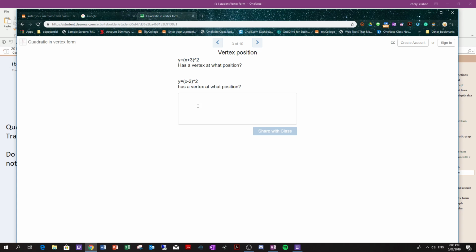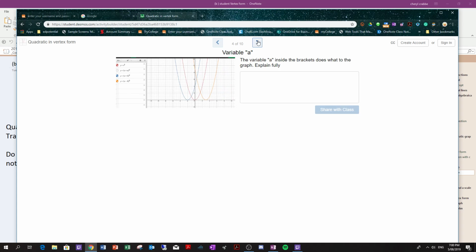Well, it's going to be at -3, 0. And if we have x minus 2 all squared, then the vertex is going to be at 2, 0, because it's moved to the right. So here's a whole bunch of, this is y is equal to x squared, which is the parent function. And then we've gone x plus 2, we've moved it to the left, that's the blue one, and the orange one, x minus 3, is moved to the right 3.